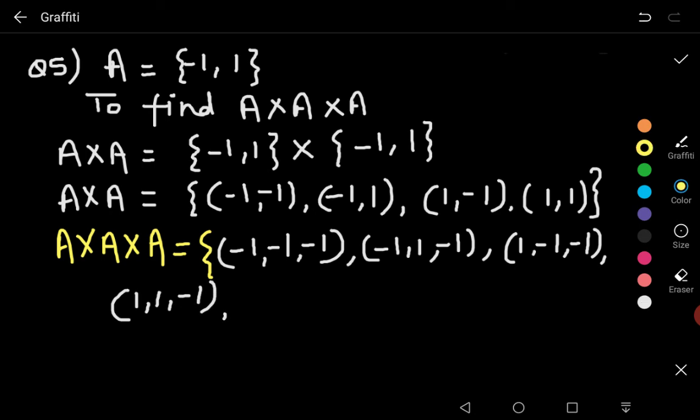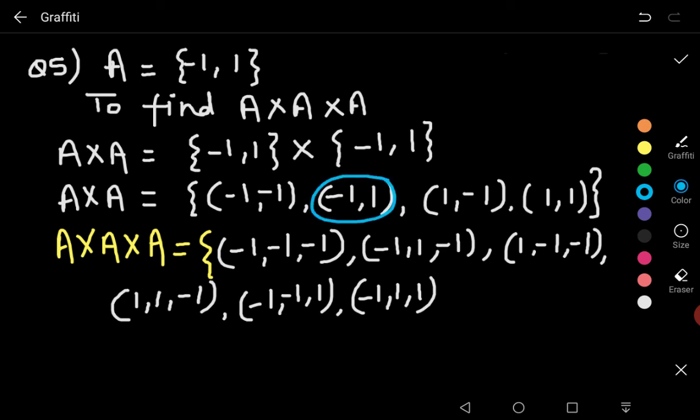Now I am taking the first element of this and second element of this. So it will be -1 comma -1 comma 1. Then second will be -1 comma 1 and again 1. Here I have taken the second element of both.